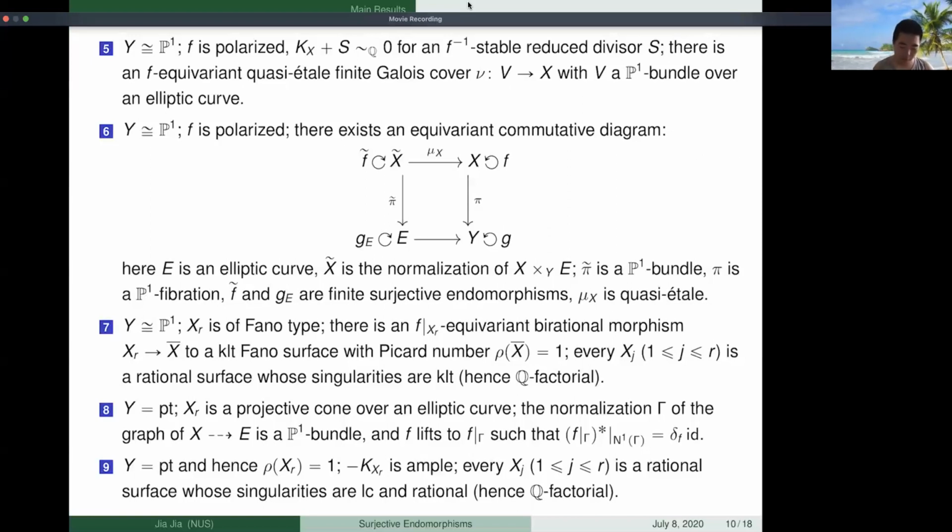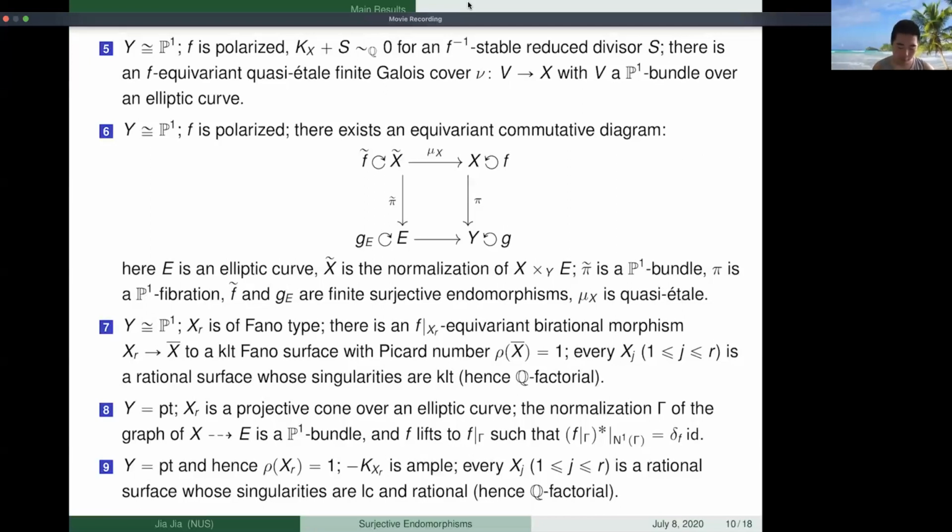Yeah, and so this one induces another rational map X to this E. Our claim is the normalization of the graph of this rational map to E is a P1 bundle, and f lifts to this P1 bundle gamma, such that the pullback action of f restricted to gamma is a scalar multiplication.